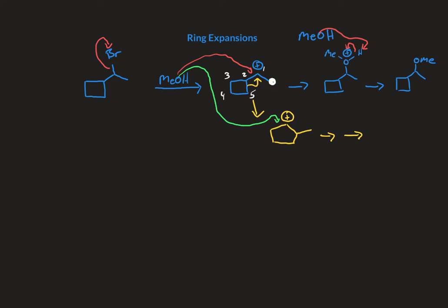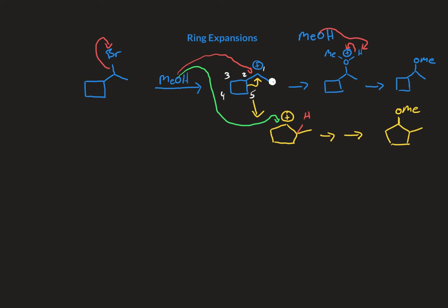And I'm going to skip some of those steps to form this methyl ether. So that's 2 steps, really, but I didn't show the deprotonation step. Or it gets even more complicated. There is a hydrogen on that carbon.